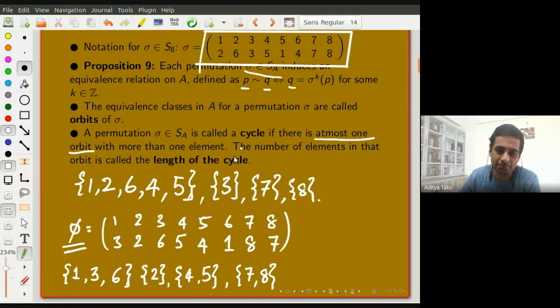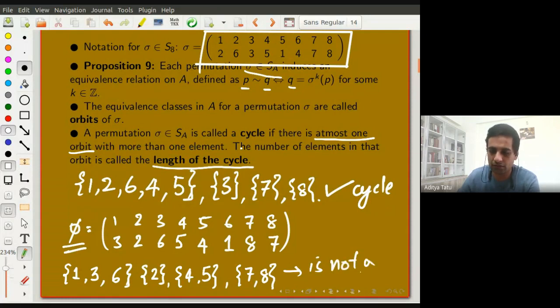And if that happens, then the number of elements in that orbit is what is called the length of the cycle. So this is a cycle, sigma, whereas phi is not a cycle. Is that clear?